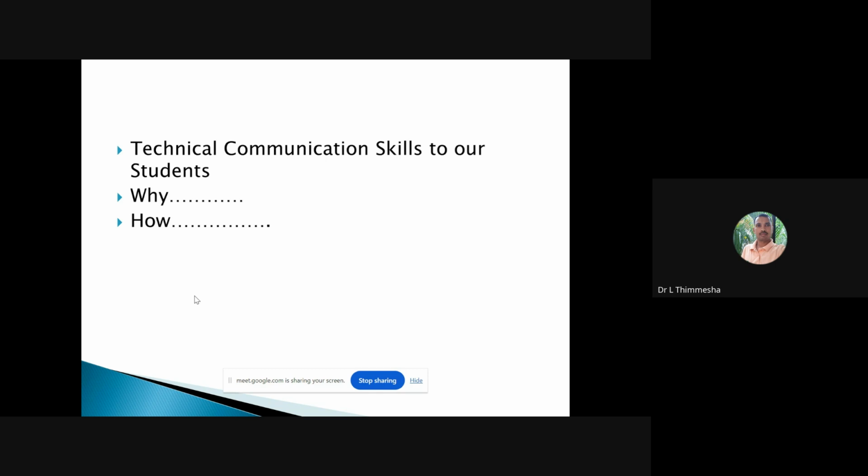So the purpose of an education is an opportunity. If our students do not get an opportunity, in my word, opportunity means bread and butter. The purpose of an education is an opportunity. Everybody is joining their kids, and the students are joining engineering or any other educational institutes, to get an opportunity, employment. If they do not get employment, what is the use of an education?